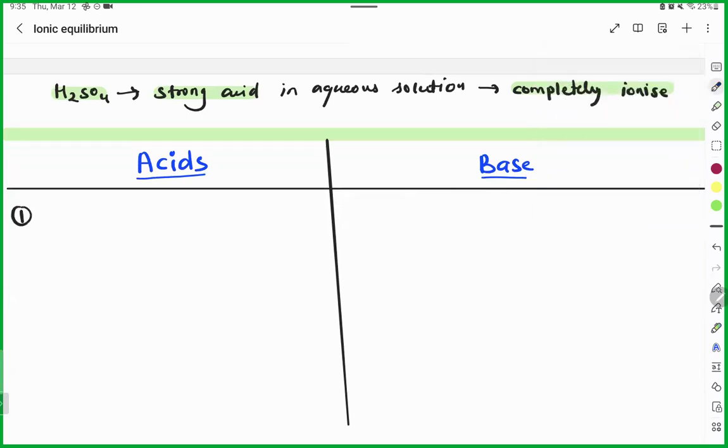First, normally, an acid will release H positive ion in water, and a base gives OH negative ion in water.